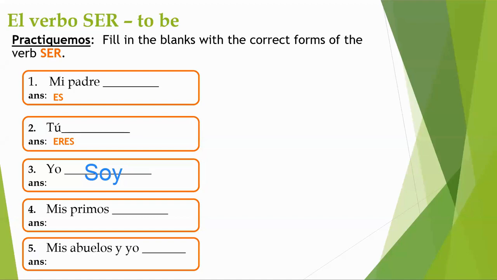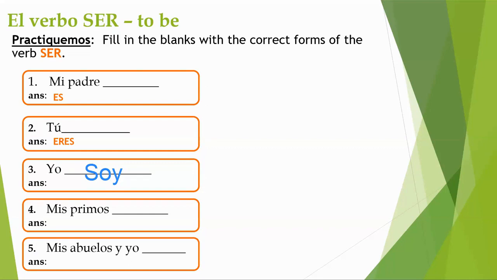Nosotros. Exacto. So your conjugation will always be for the pronoun nosotros, the plural we form. So what would the answer be? What is the conjugation for that? Nosotros is the pronoun.